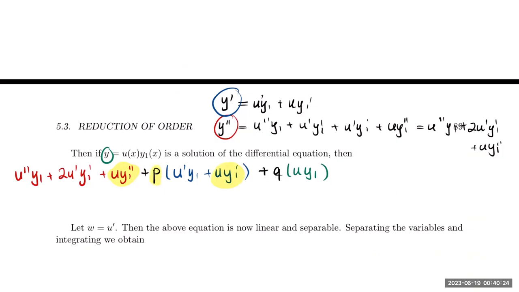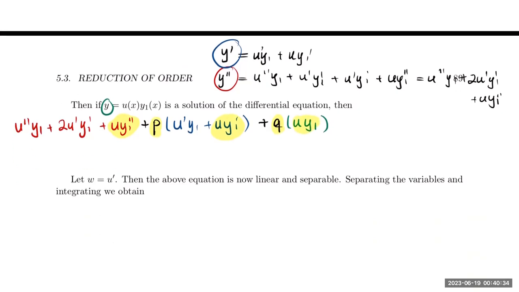And we also have a q and a uy1. All right. So from here, what we could do is common factor that. So let's go ahead and common factor out the u and see that we actually have y1 double prime plus py1 prime plus qy1.